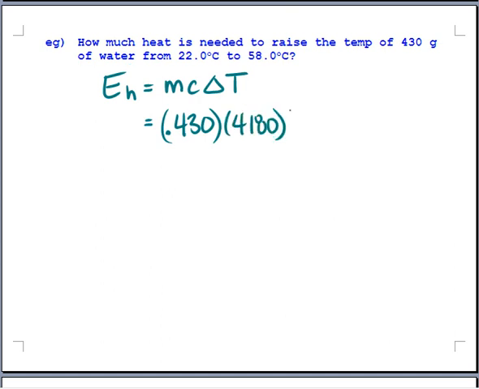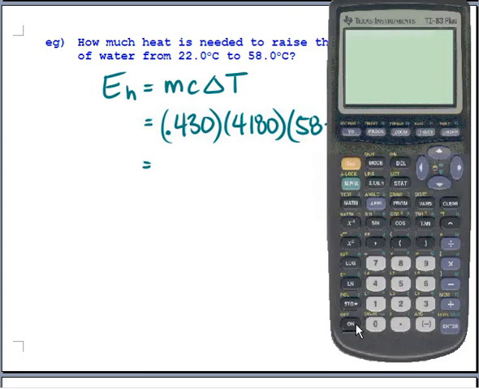Very hard to heat it up. Takes a while to boil water on the stove, right? And then delta T is your change in temperature. Remember, that's final minus initial. Just to avoid the mental math, I'm going to say, hey, that's 58 minus 22. And you go and you type all those numbers in your calculator. Pretty straightforward stuff.